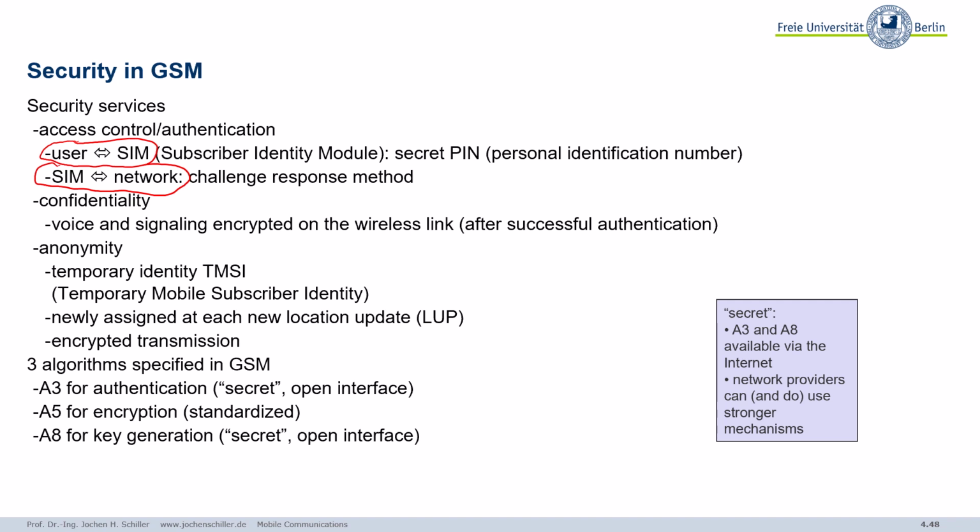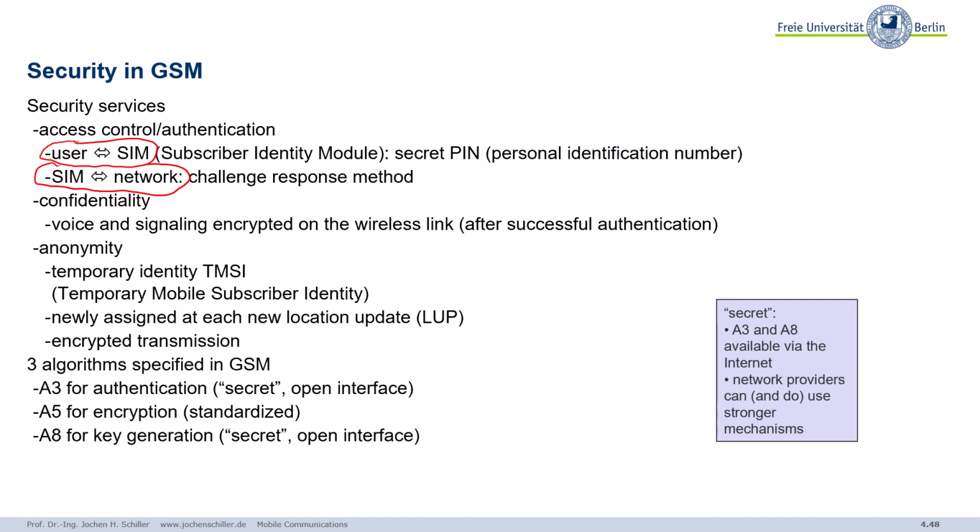This is why GSM uses the so-called temporary mobile subscriber identity, which is not the phone number, and the TMSI is changed from time to time. Each time, for example, you perform a new location update, then you will get a new temporary mobile subscriber identity transmitted in an encrypted fashion.